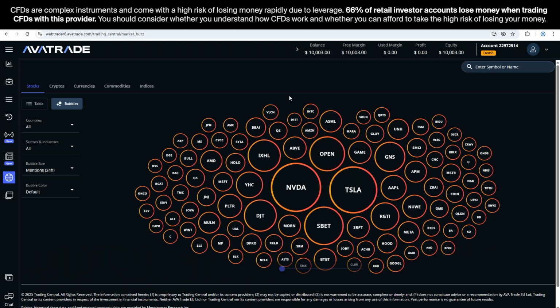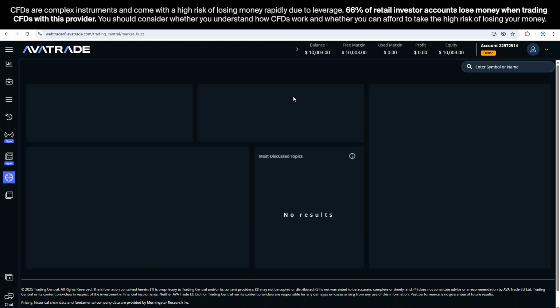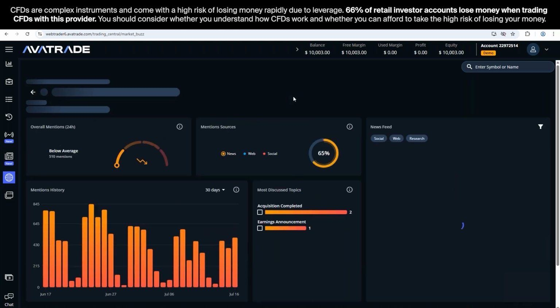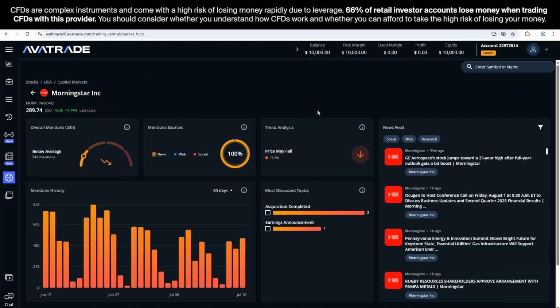Okay, and for instance, if we take Morningstar as an example, we can see that at the moment we have either the acquisition completed or the earning announcements, and we can get more specific information about that.